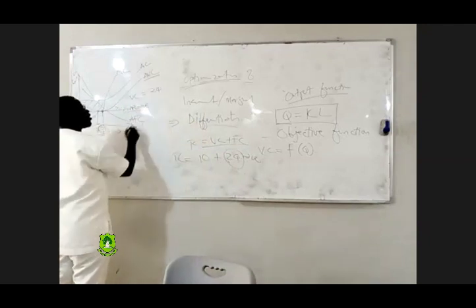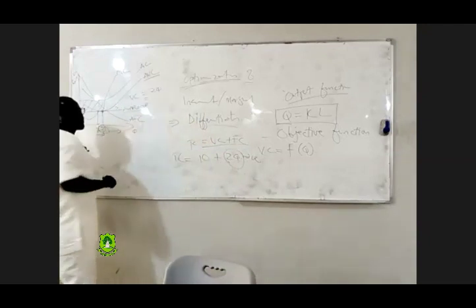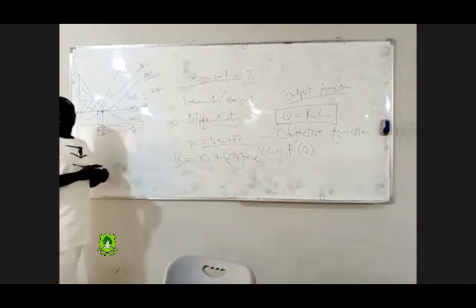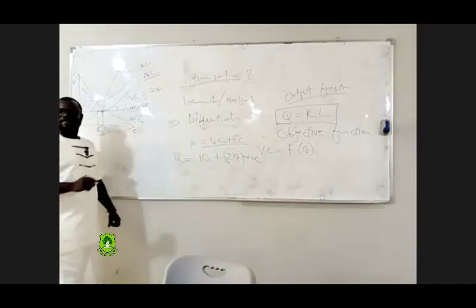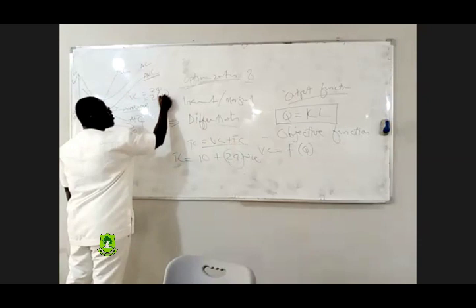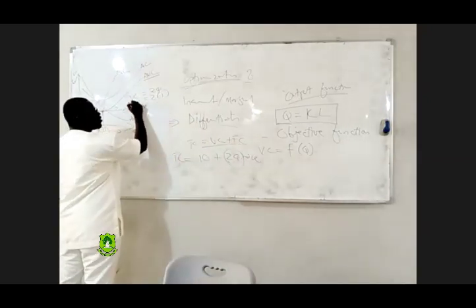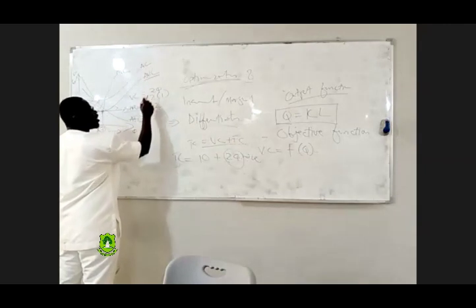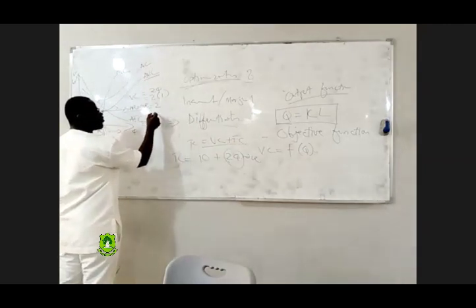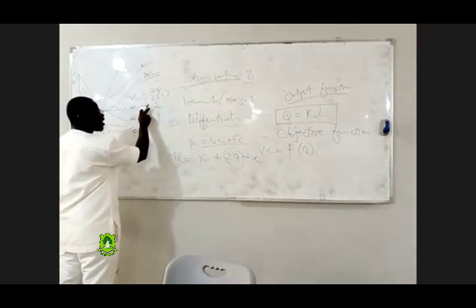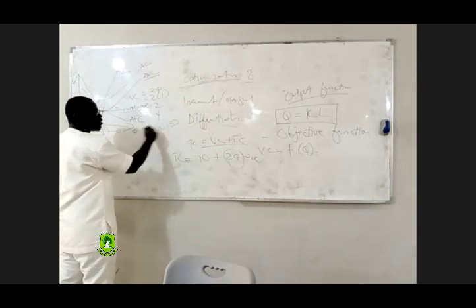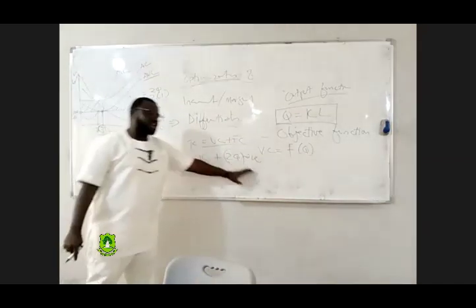If I'm producing output 1, variable cost will be 2. If I'm producing output 2, variable cost will be 4. If I'm producing output 5, variable cost will be 10. So it varies with output.